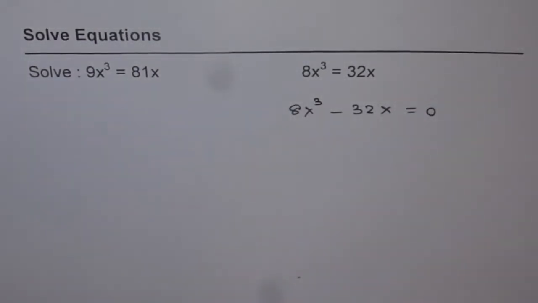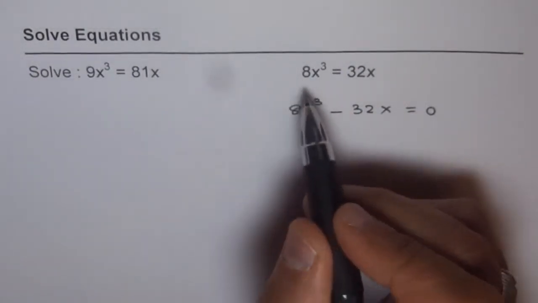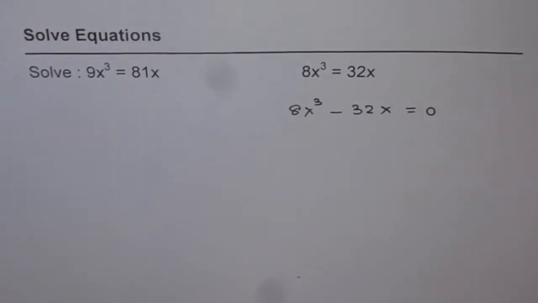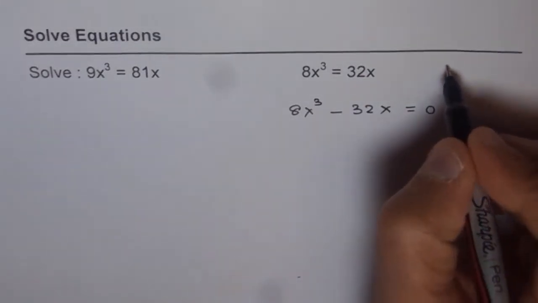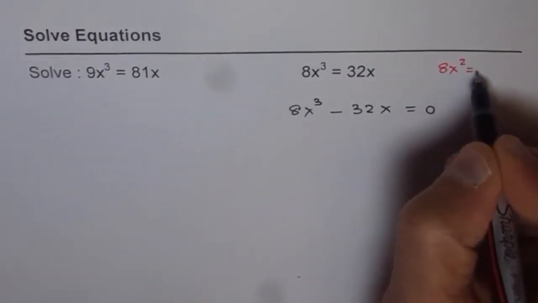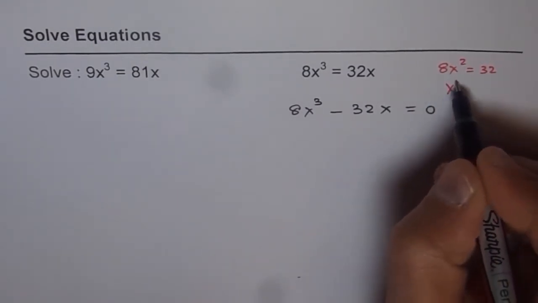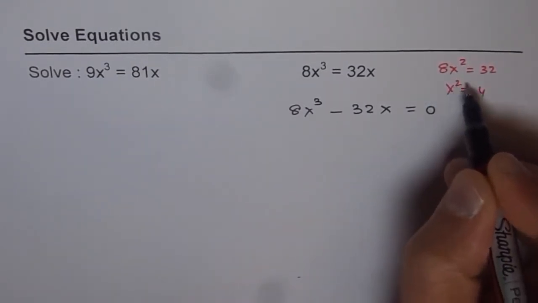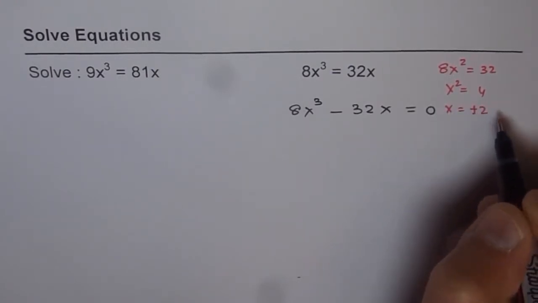Now I've seen some students at this very stage cancel out x and get a quadratic equation, and then get wrong answers. If they cancel out x, they write 8x squared equals 32, divide by 8 to get x squared equals 4, then take the square root and get x equals plus minus 2.